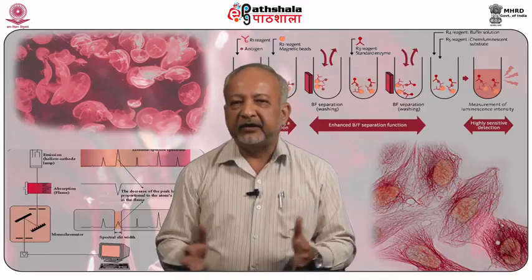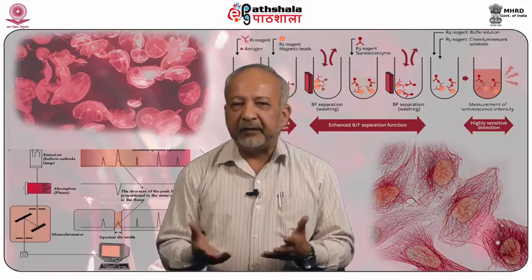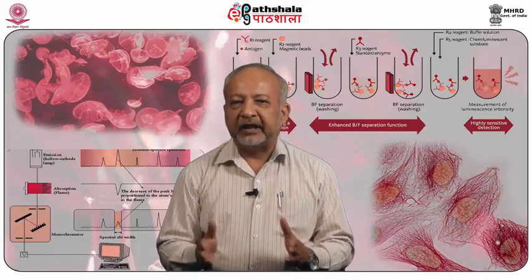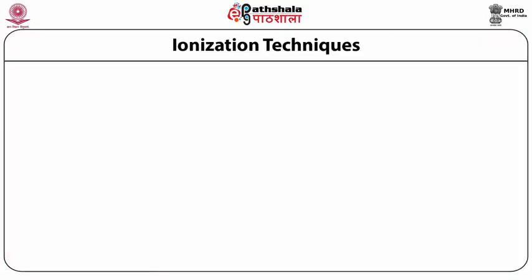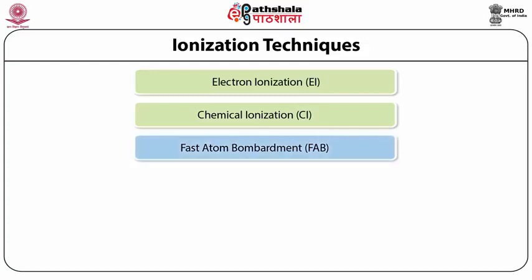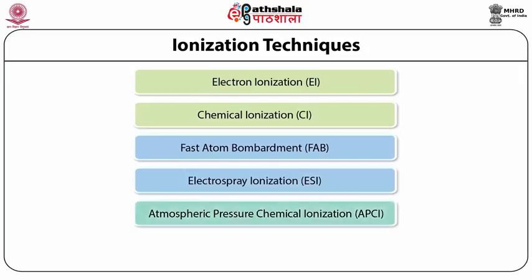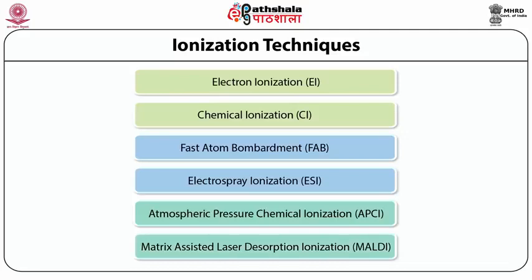A wide variety of ionization methods are available which ionize the molecule and then fragment it further into fragment ions. The techniques used in mass spectrometry are: electron ionization, chemical ionization, fast atom bombardment or FAB, electrospray ionization, generally denoted as ESI, atmospheric pressure chemical ionization, that is APCI, and matrix assisted laser desorption ionization, that is MALDI.